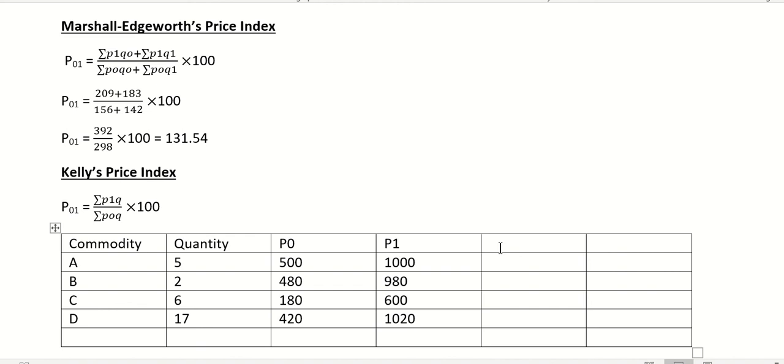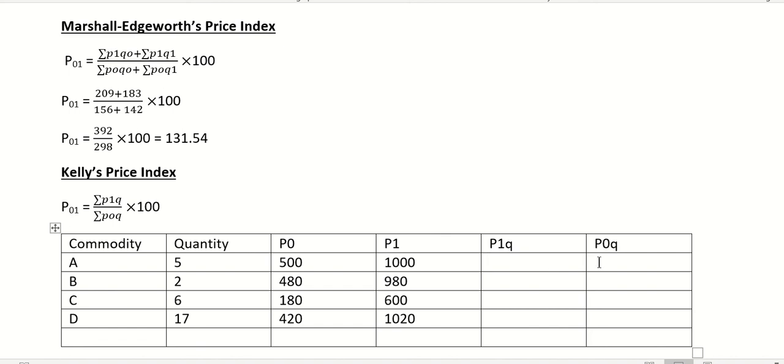So we'll just solve it now. We need to calculate P1Q and P0Q, right? These two things we need to calculate. Now we'll just calculate 5 into first is P0. 2500, this is for P0Q, right?